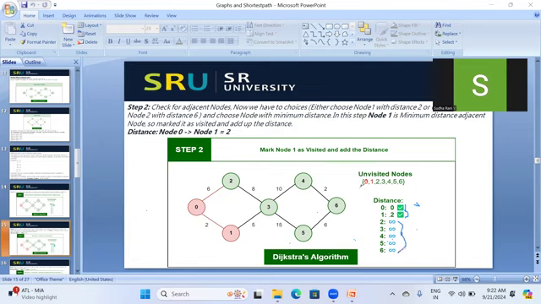At every level of traversing, it has to balance the visited nodes and the unvisited nodes. So this path is completed, these two are visited nodes, and all the remaining nodes are unvisited, so they still have the distance of infinity.